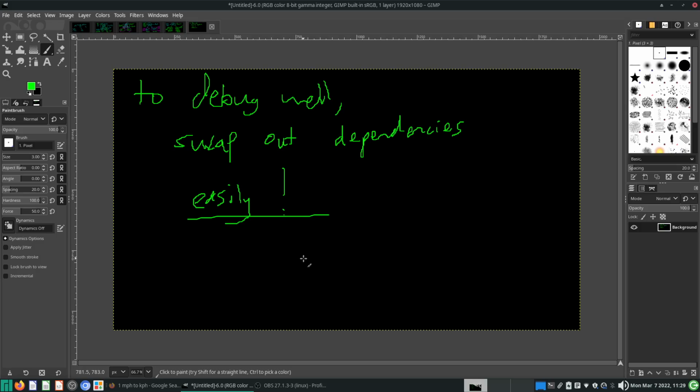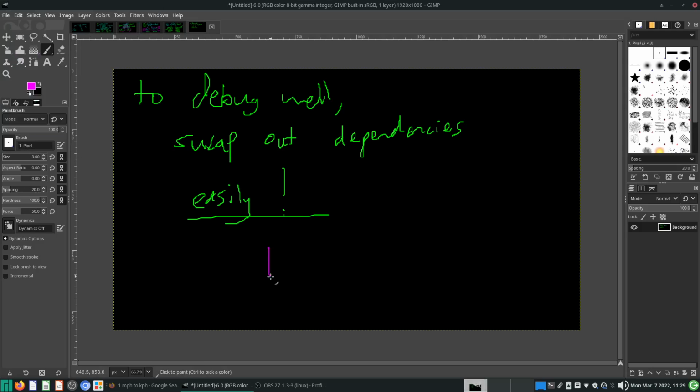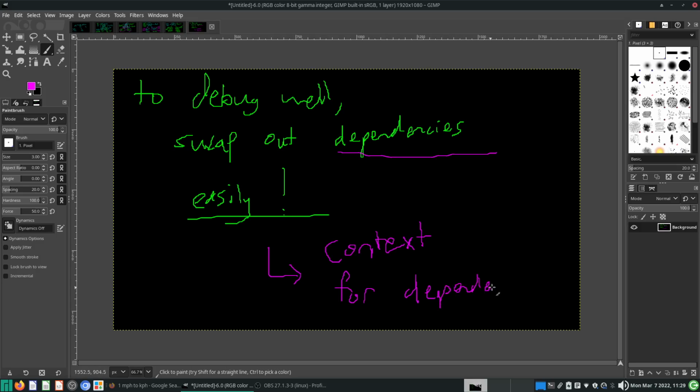So this is the context for dependency injection. We at least figured out what this dependency thing is.